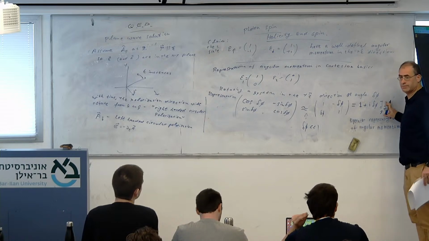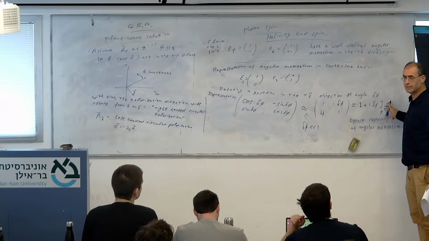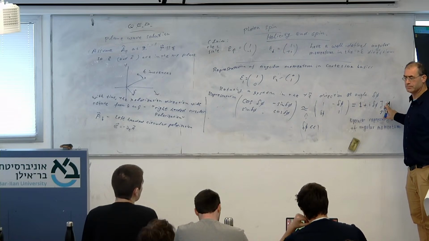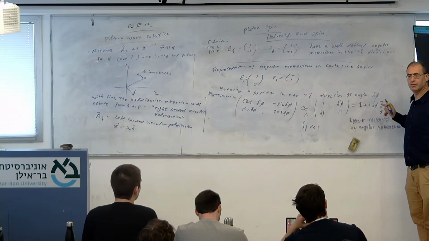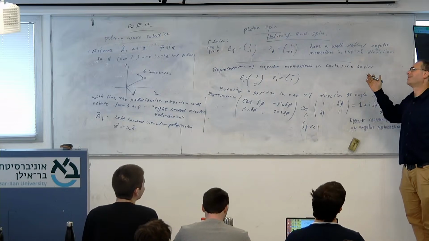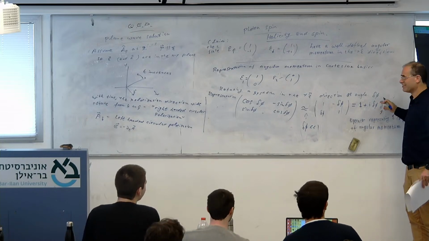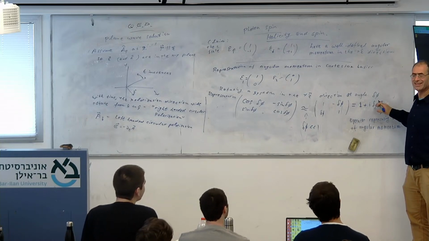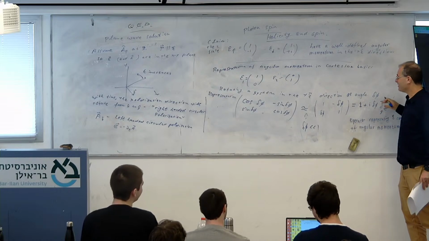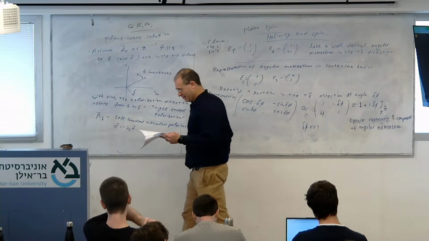Another name for that matrix is the generator of the rotation. Did you learn group theory? Generators of a group? Yeah, obviously. Explain. So this is called the generator of the rotation of the group.